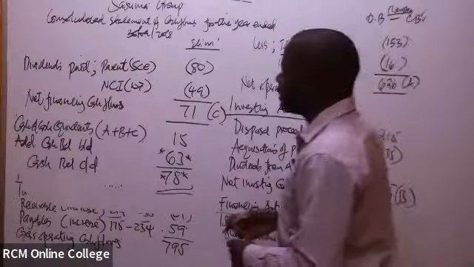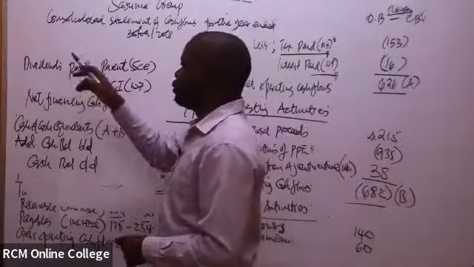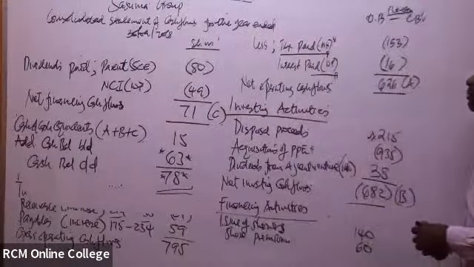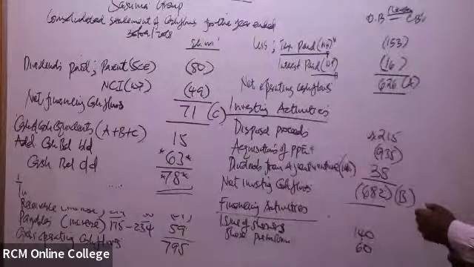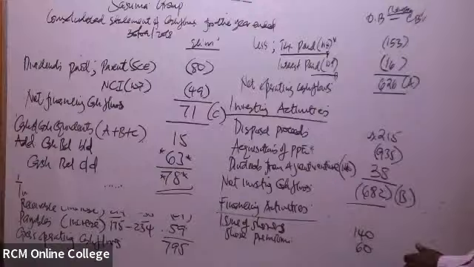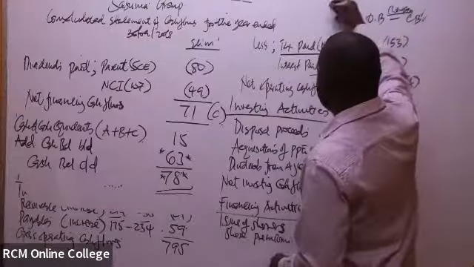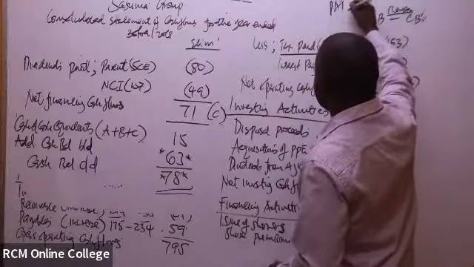So this figure about the profit before tax, you'll automatically get it in the income statement. Unless they haven't provided an income statement. Maybe they'll say in the additional information, they give you the profit after tax.